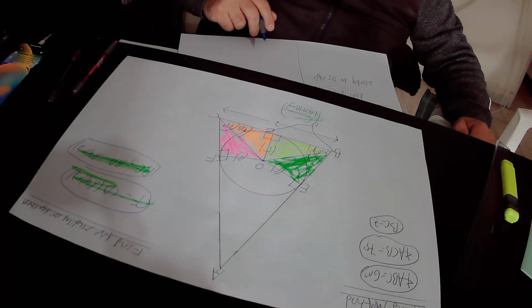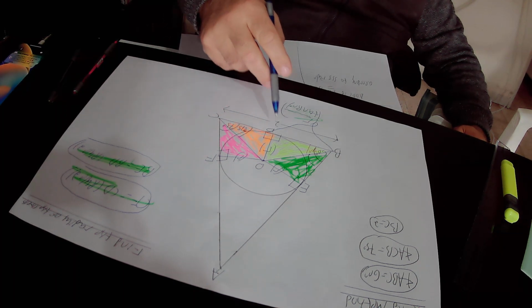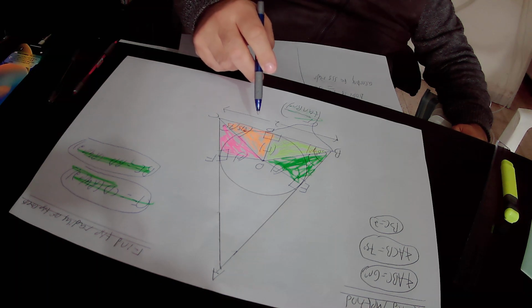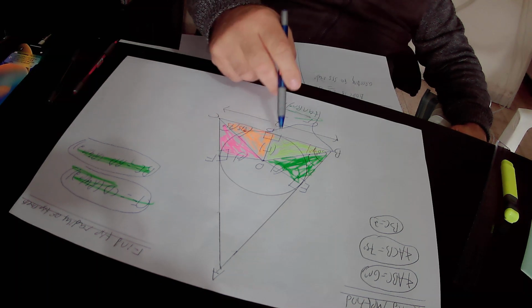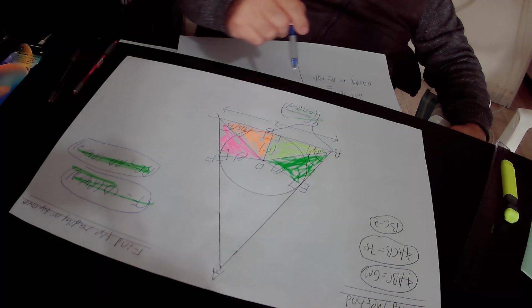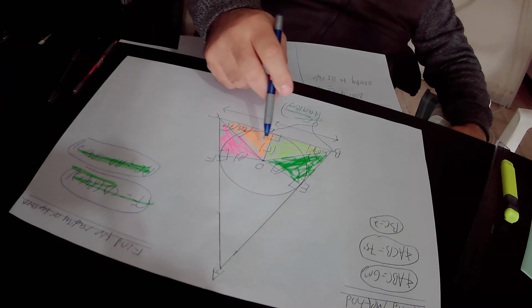In the next step, I will copy the right orange triangle ODC onto a new page, and we will analyze this right triangle.